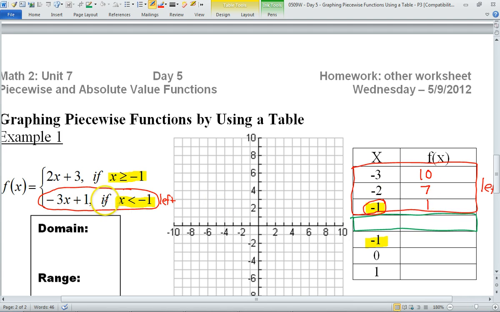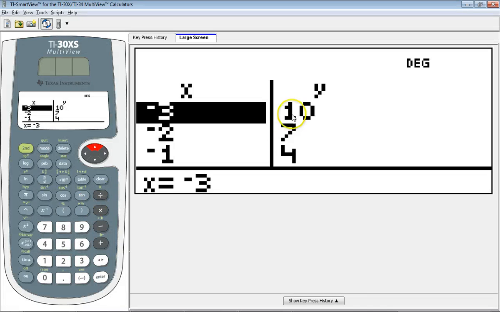Where'd you get 4 from? Scroll up once. That was 4. No, you're right, but you said 4 for some reason. Negative 1 is 4. Negative 3x plus 1. Are you not getting these values? You're not getting these values, Sawyer?